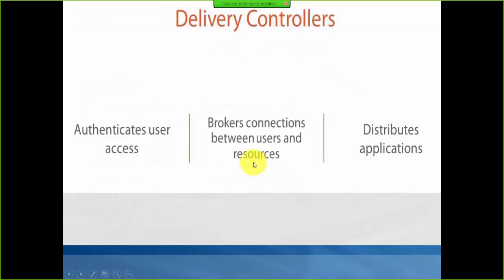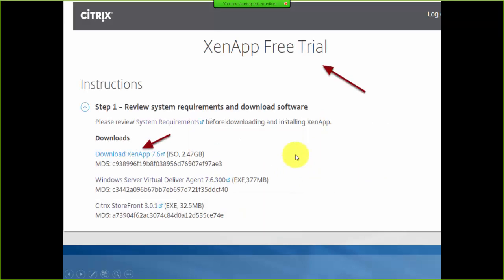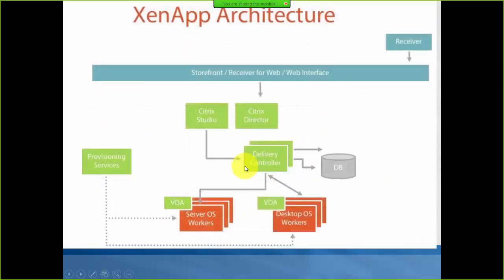Okay, Delivery Controllers authenticate user access, broker connections between users and resources, and distribute applications. As we saw in the diagram before, the Delivery Controller is doing the middle work, right?